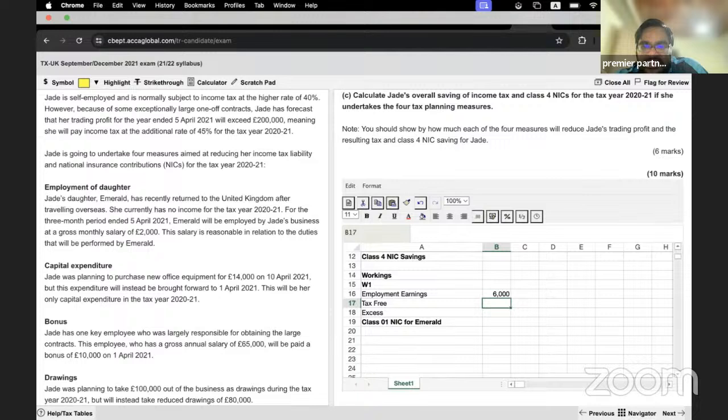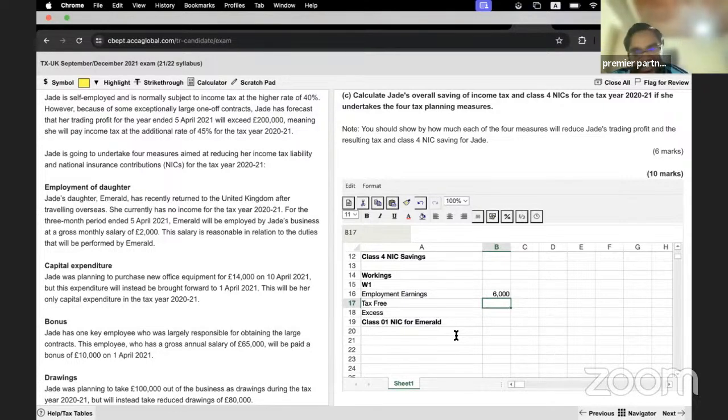6000. How much is the tax-free amount for class 1 employer contribution? Is it 0? How much is the class 1 employer contributions tax-free amount?